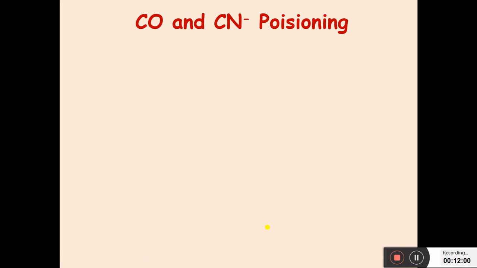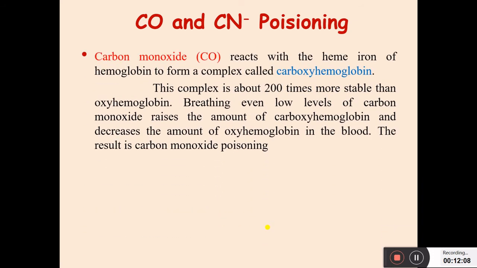Now, let me tell you about carbon monoxide and cyanide poison. You see, carbon monoxide reacts with heme iron of hemoglobin to form a complex called carboxyhemoglobin. Okay, oxygen was forming oxyhemoglobin and this carbon monoxide forms carboxyhemoglobin.